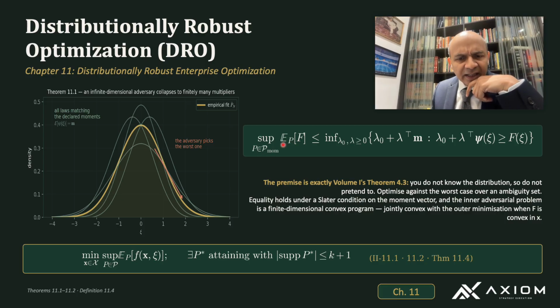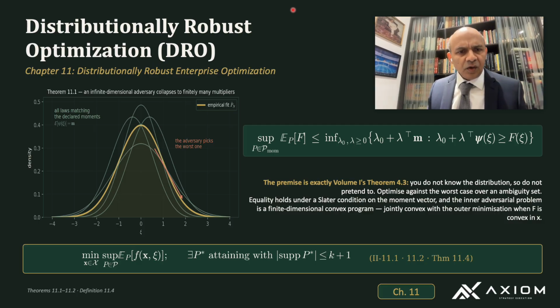Then you've got the expectation of f, the expected value of the payoff, loss, or objective, under distribution P. And f of zeta is the uncertain quantity being evaluated. Psi of zeta is the vector of declared moment functions.